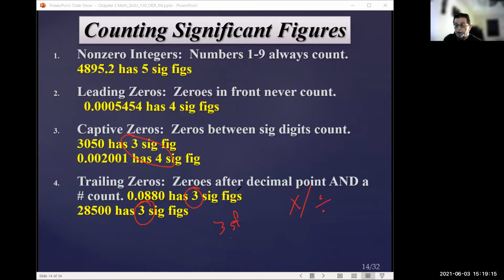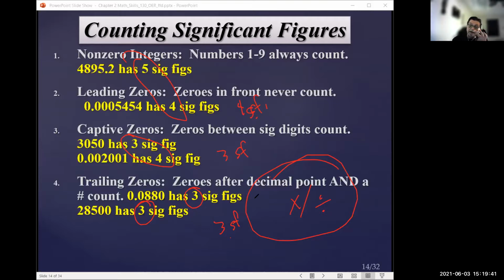Our answer, if we were to multiply or divide these numbers, would only have 3 sig figs. And if we were multiplying or dividing these two numbers on top, then our answer should only have 4 sig figs, only for multiplying and dividing.